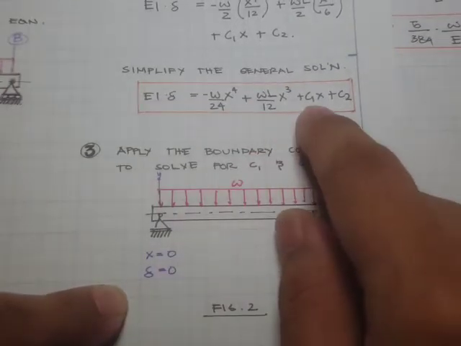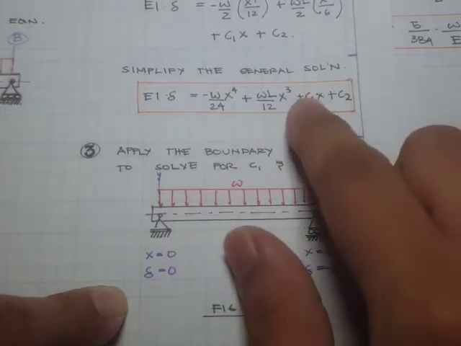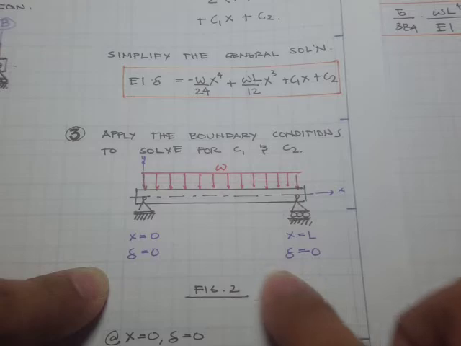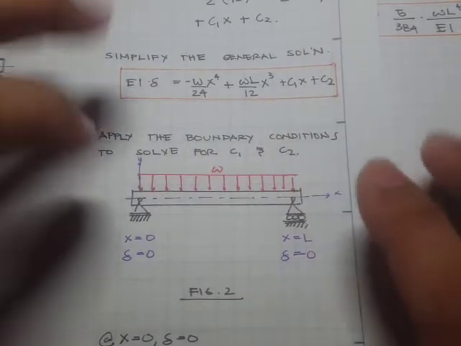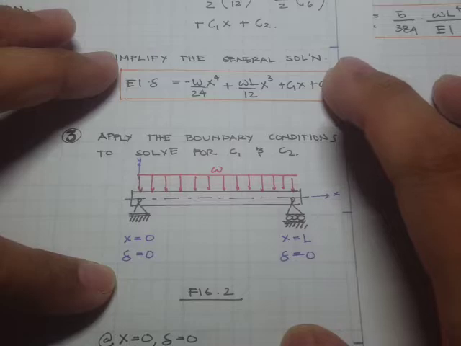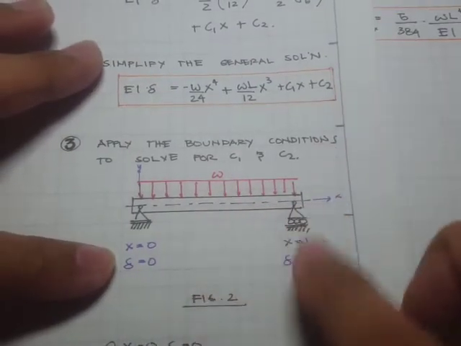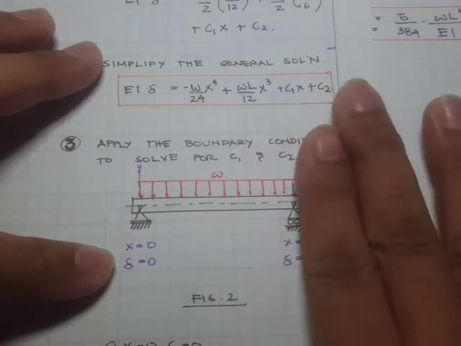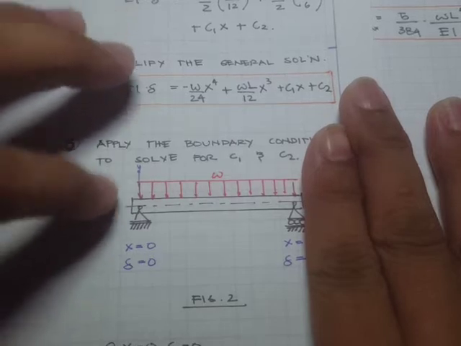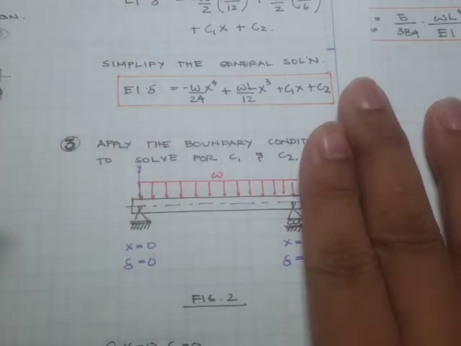So if we substitute this first boundary condition into that equation, then we can solve for C1 or C2, and we also have to apply the other to that equation. Now the difference from the first problem is that we took boundary conditions only at the fixed support, because the other one is a free end, and whenever we have a free end, there are no boundary conditions there.